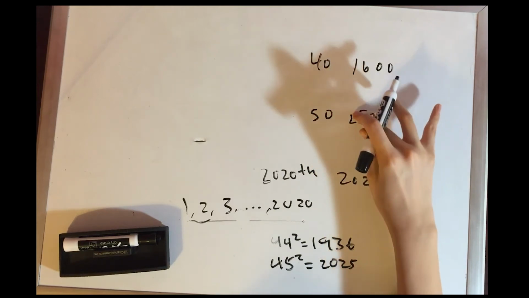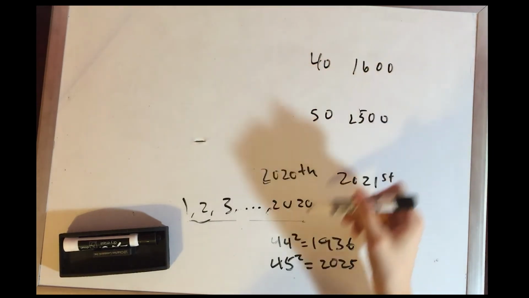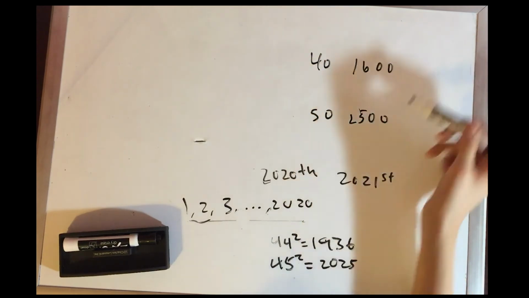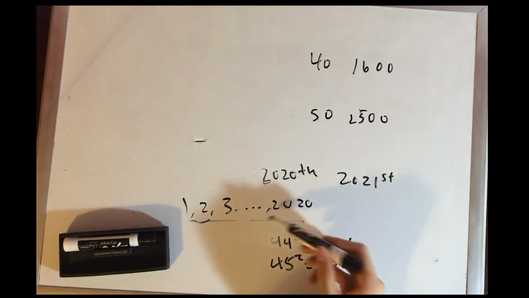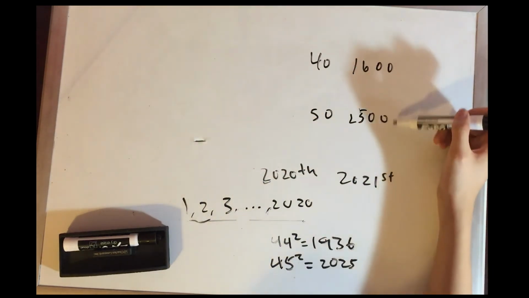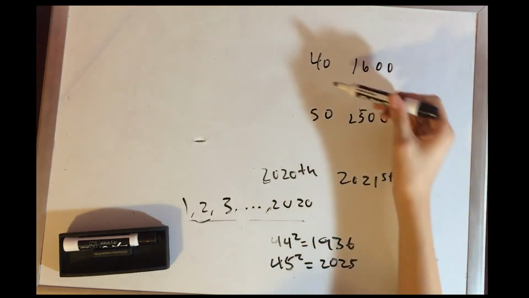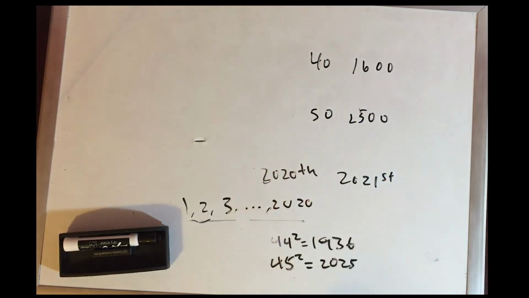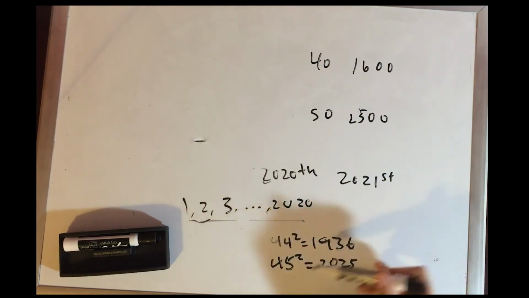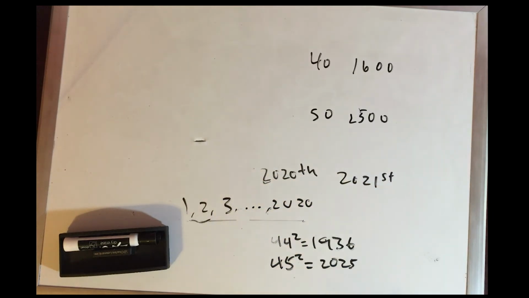You want to find the square that goes right up to 2020, and because 2020 is pretty much in the middle between these two squares, you can test the middlemost squares like 44, 45, 46, and see which one is the largest without going over 2020.